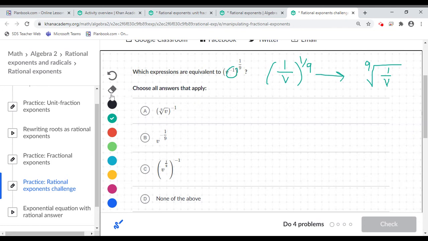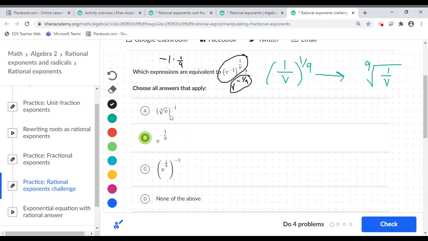All right, so one other thing that we can do is we can say that this is the same thing as v to the -1/9. When we have two exponents, one inside the parentheses and one outside, we can multiply them. We can say -1 times 1/9. And then we can simplify it that way. It's the same idea. All right, so I see here that this is letter B.